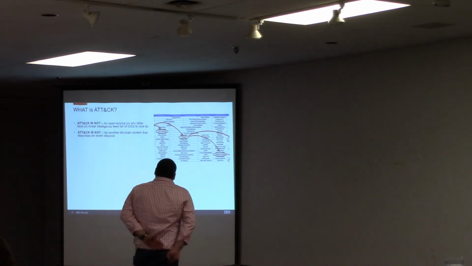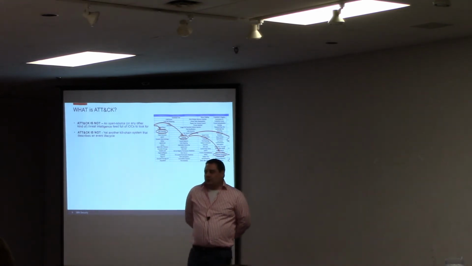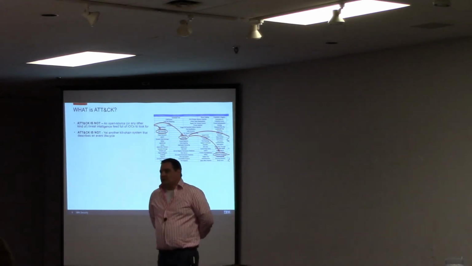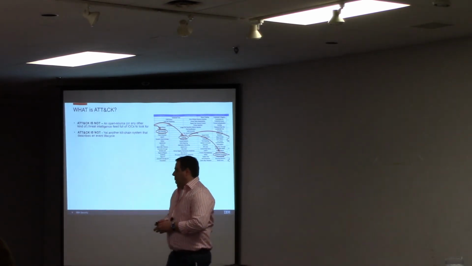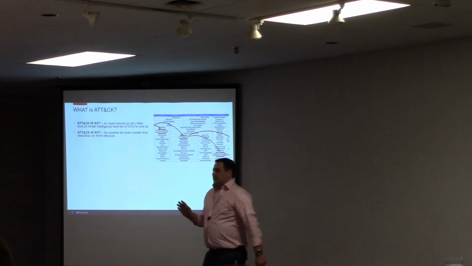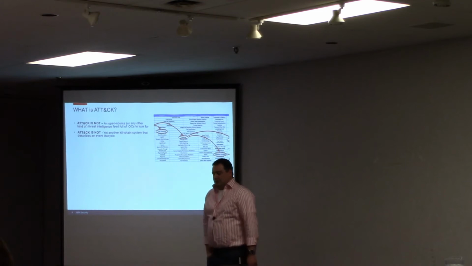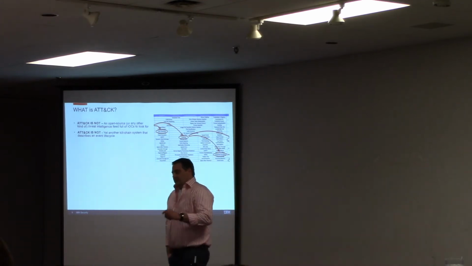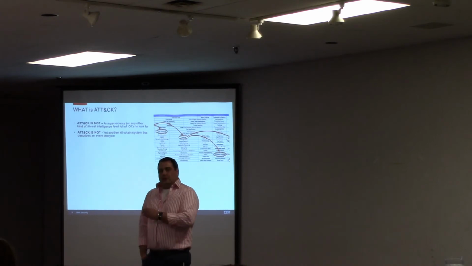ATT&CK is also not a kill chain system that describes an event lifecycle. So do folks here in general know what a cyber kill chain is? So 3 folks. The cyber kill chain, and I'm going to have a graphic on the next slide, is essentially a series of things that occur whenever an attacker breaches a network.